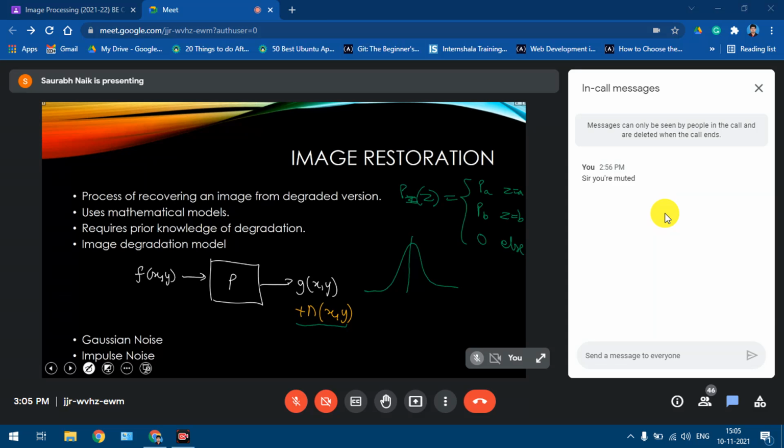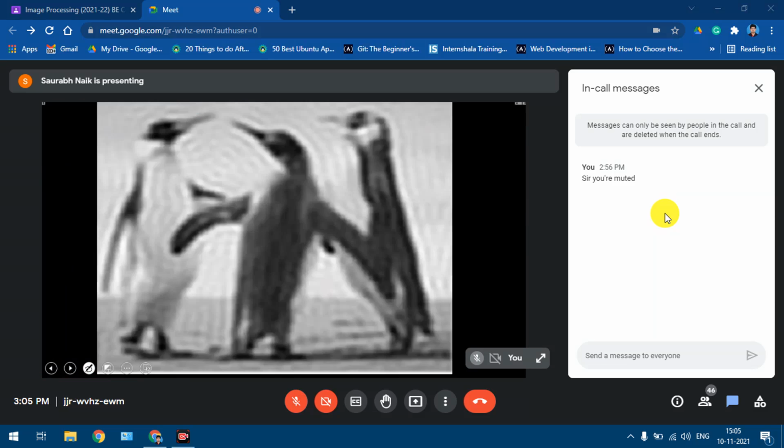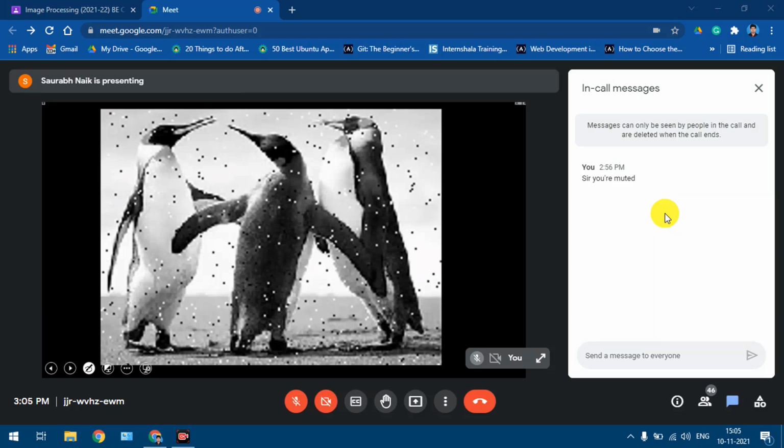A special case of this impulse noise is what we call salt and pepper noise. I think we showed you this in terms of that penguin image, if you remember. Salt and pepper noise is a special kind of impulse noise wherein the gray levels of the impulse noise are either black or white. If you have seen salt and pepper powder, the salt is white and the pepper is black.